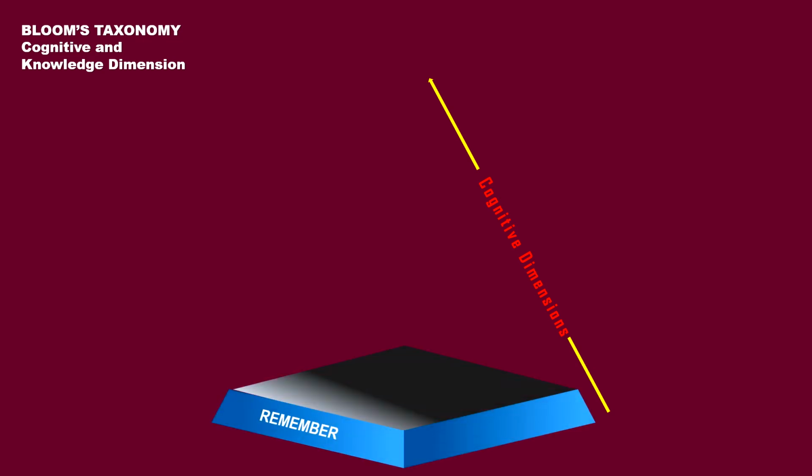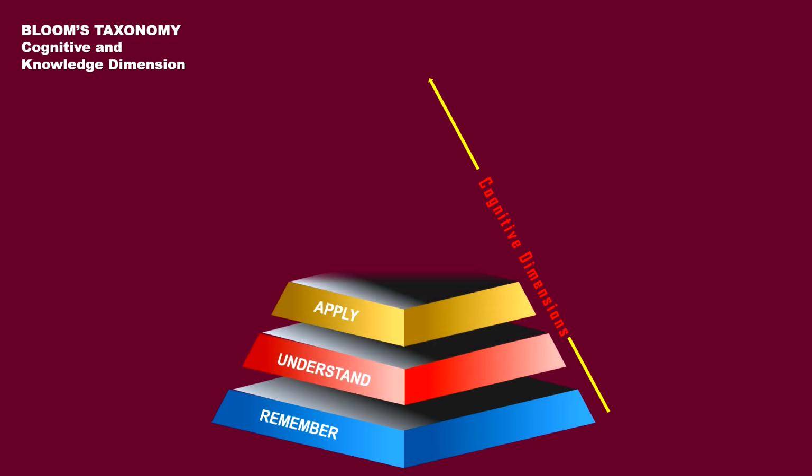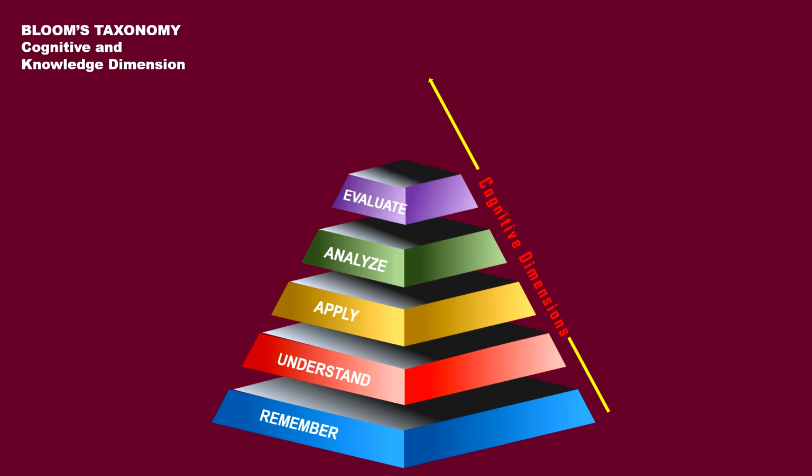The first one, of course, probably you're familiar with: remember, understand, and apply. These first three domains actually are considered the lower order thinking dimensions, while analyze, evaluate, and create are the higher order thinking dimension. So these are the cognitive dimensions.